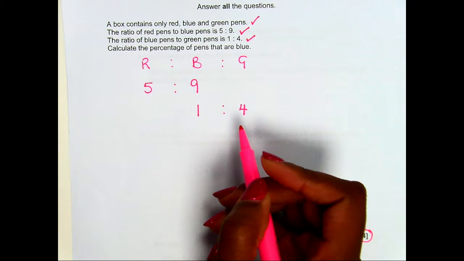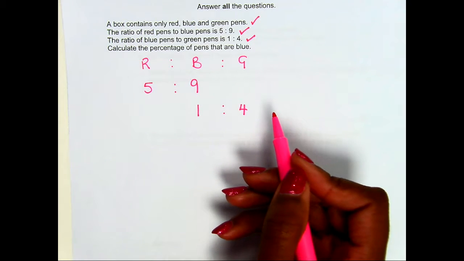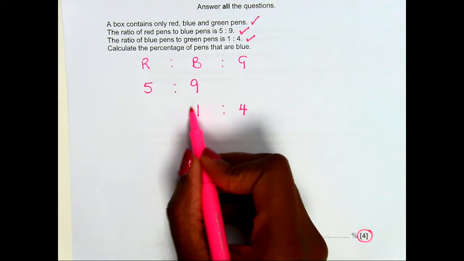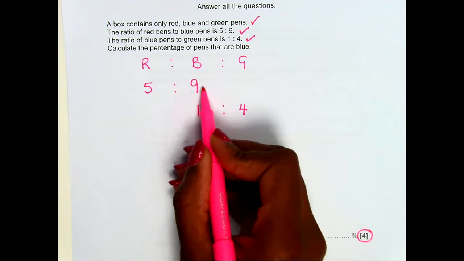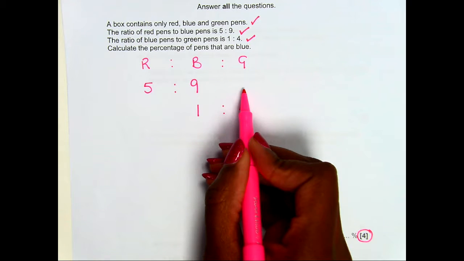Normally, this is where students get really confused. They think, where can I go from here? But if I know that 1 blue is going to be 4 green, it means that 9 blues is going to be 9 times 4.